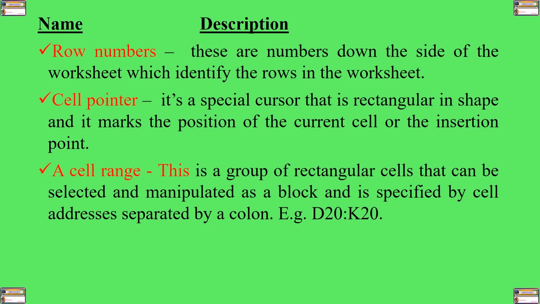A cell range is a group of rectangular cells that can be selected and manipulated as a block and is specified by cell addresses separated by a colon. For example, D20 to K20, just as I have already shown you.